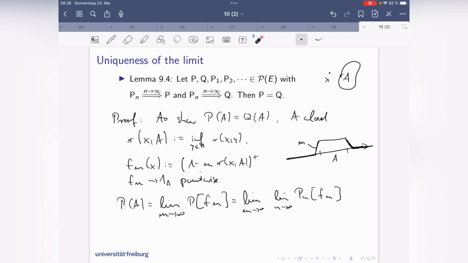But since we also have that Pn converges weakly to Q, this limit here is also Q of fm, and since fm converges pointwise to the indicator function of A, you have this bounded convergence. You have that this here is Q of A, and we have shown uniqueness of the limit.